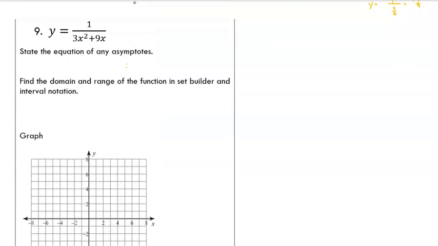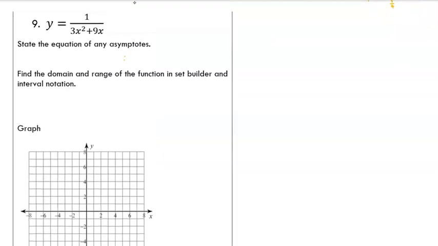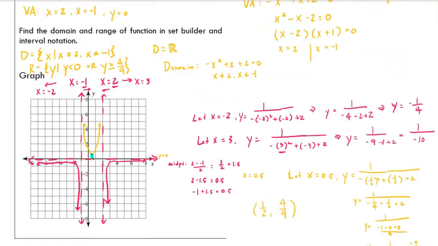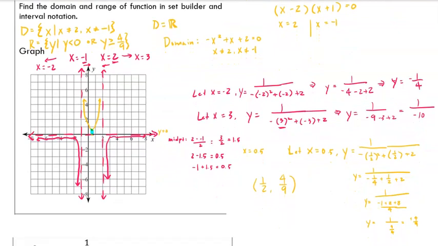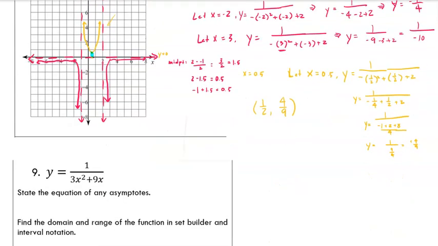Okay, so let's do number 9. A very similar problem to number 8. Now I told you for number 8 that since this one had a quadratic with an a that was negative, I knew that the middle quadratic was going to be concave up.